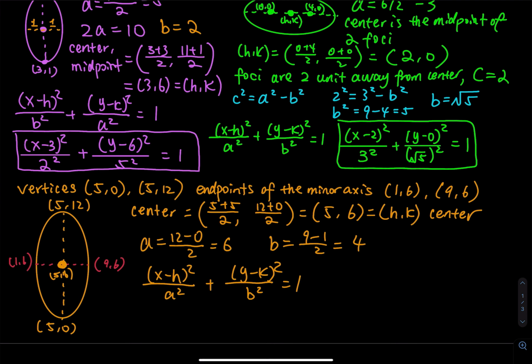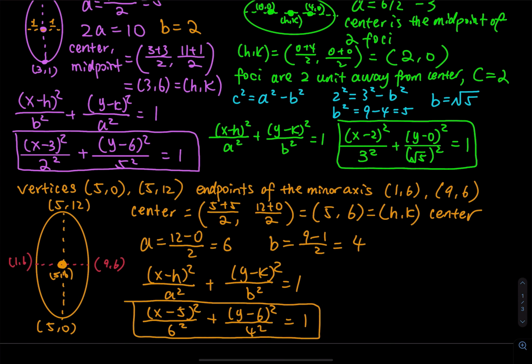I got all the numbers I need. Then this is (x minus 5) squared divided by 4 squared, and then plus (y minus 6) squared divided by 6 squared, equals 1. And then this is my standard equation.